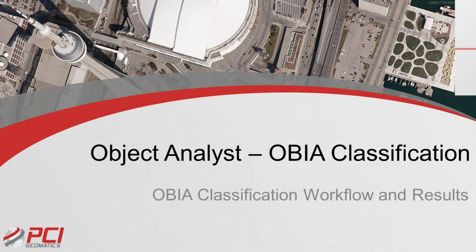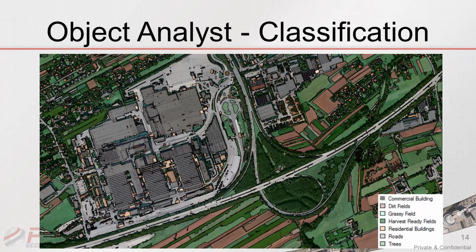So this, as mentioned, is the process of first segmenting the imagery into discrete objects and then classifying each of these objects based on however many classes the user identifies as ideal. So in this quick example here, you can see we identified 7 different classes that were then used.